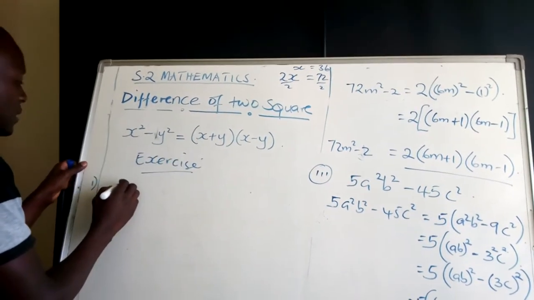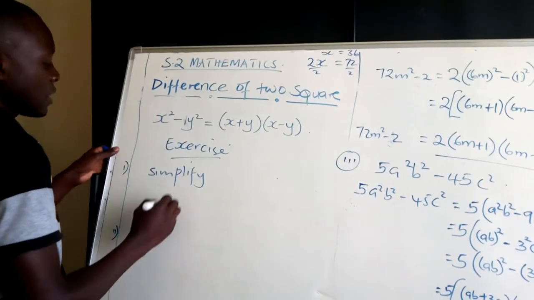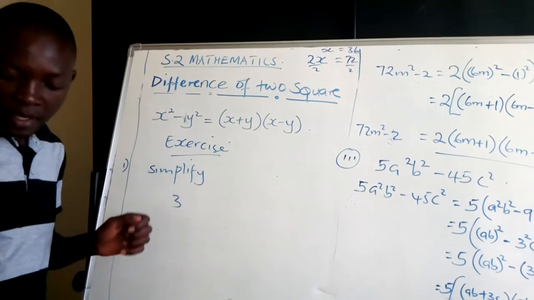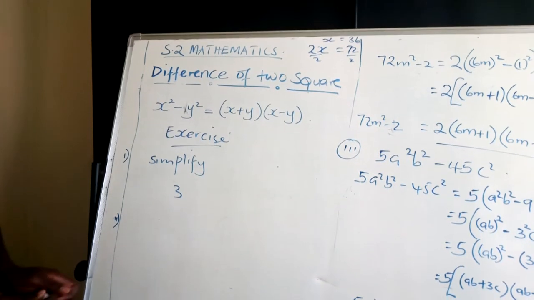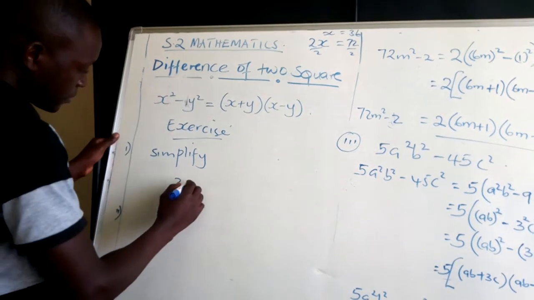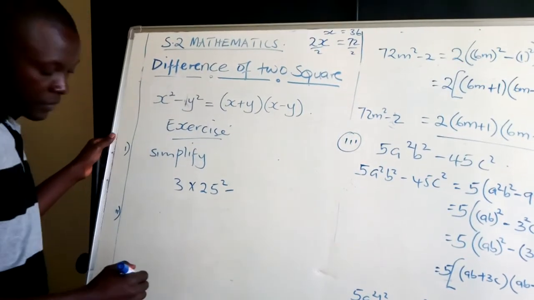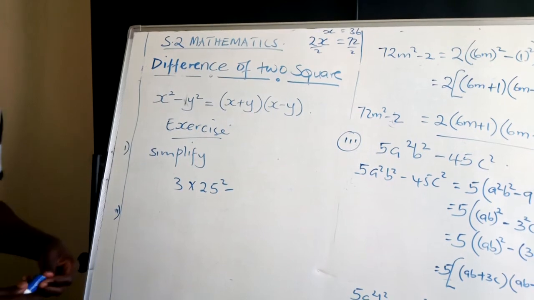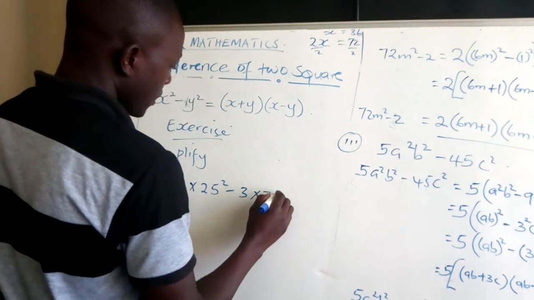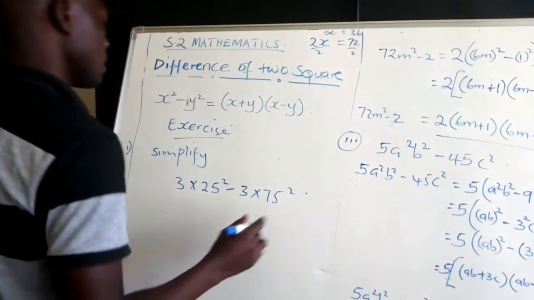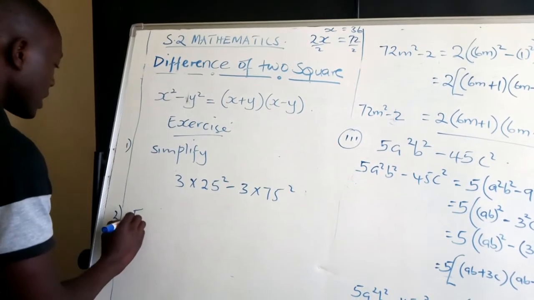The first one that you're going to do is simplify 3 times 25 squared minus 3 times 75 squared. Then the second one is factorize.